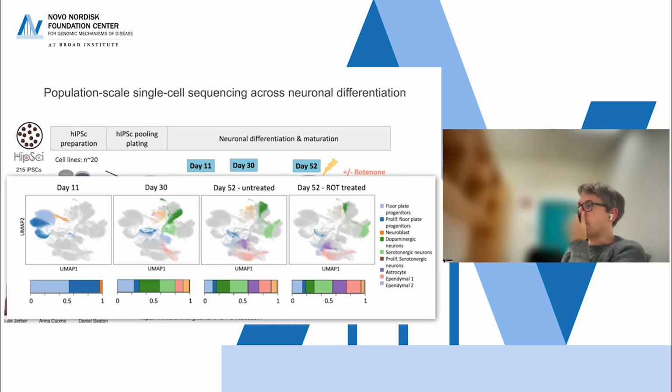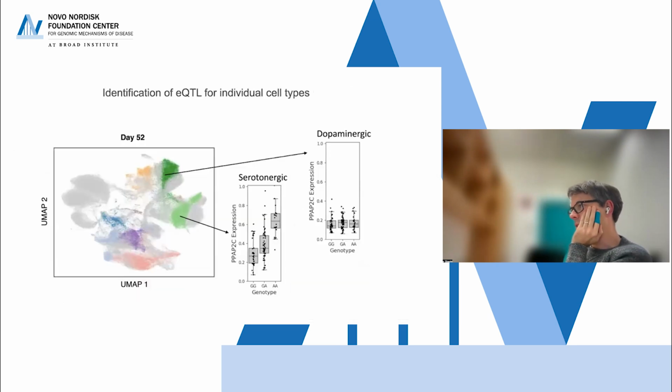And this is essentially opening up the possibility to do association genetics. So we can take, for example, dopamine neurons and serotonin neurons, take the same individuals, pool cells by donor, and then ask whether those individuals that carry a particular allele are associated with increased or decreased expression.